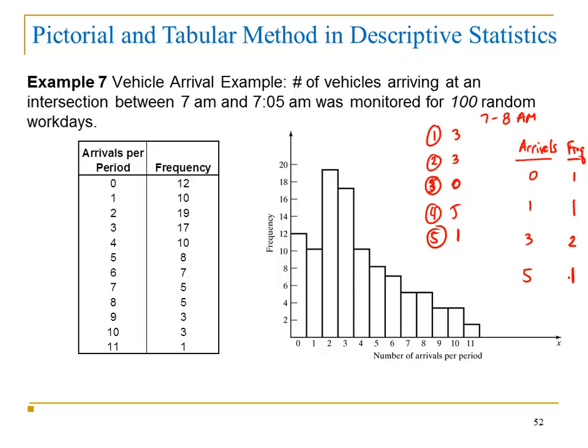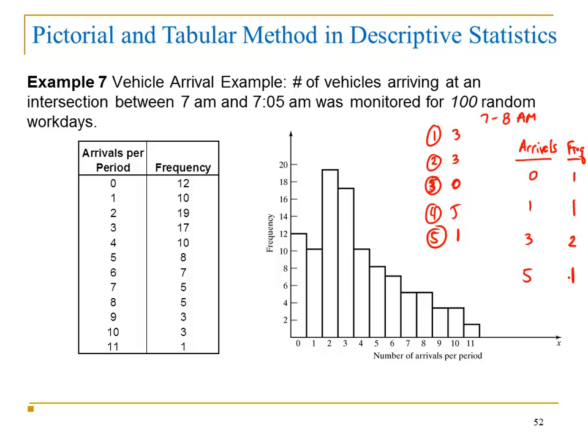That particular example is for a traffic intersection. It's right here. In the vehicle arrival example, the number of vehicles arriving at the intersection between 7 and 7:05 was monitored for 100 random work days.